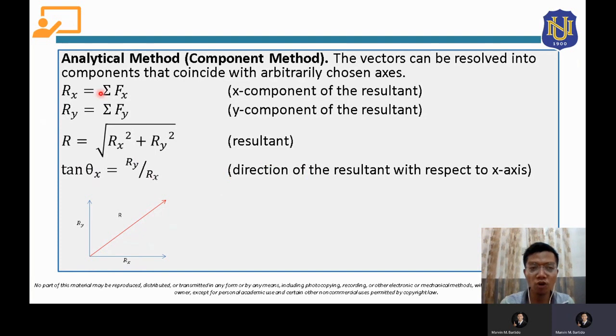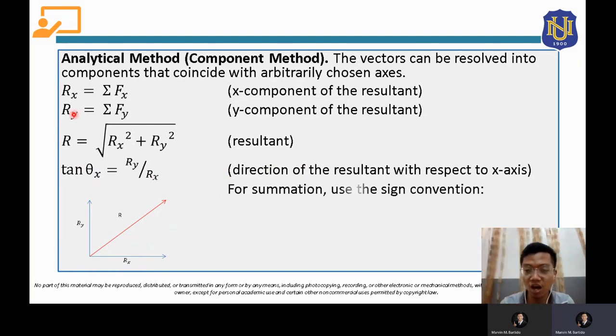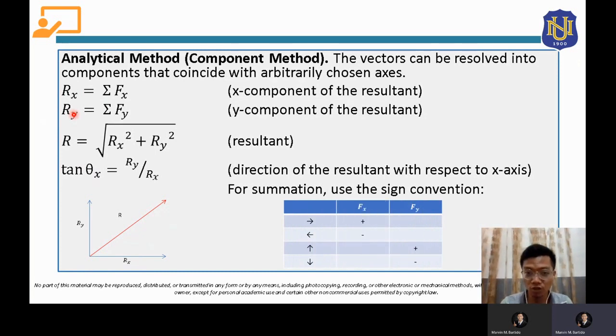And also, for your summation for your Rx and Ry, we have to use the following sign convention. For forces that are horizontal and directed to the right, its sign is positive. But if it is directed to the left, that will be negative.